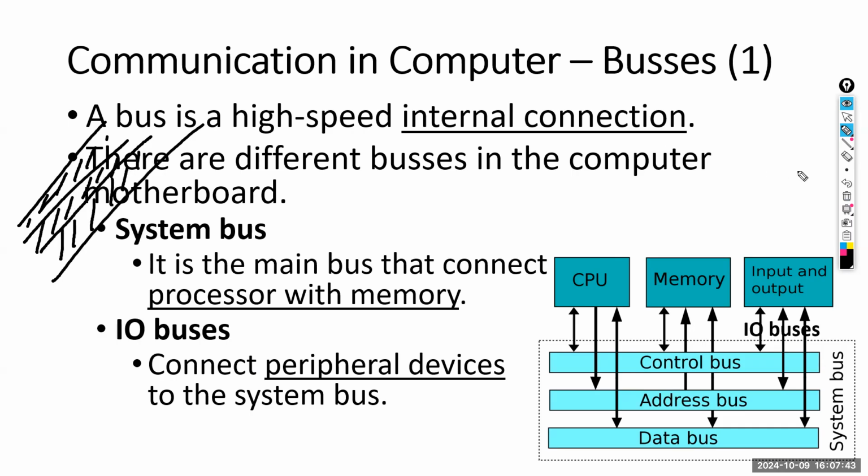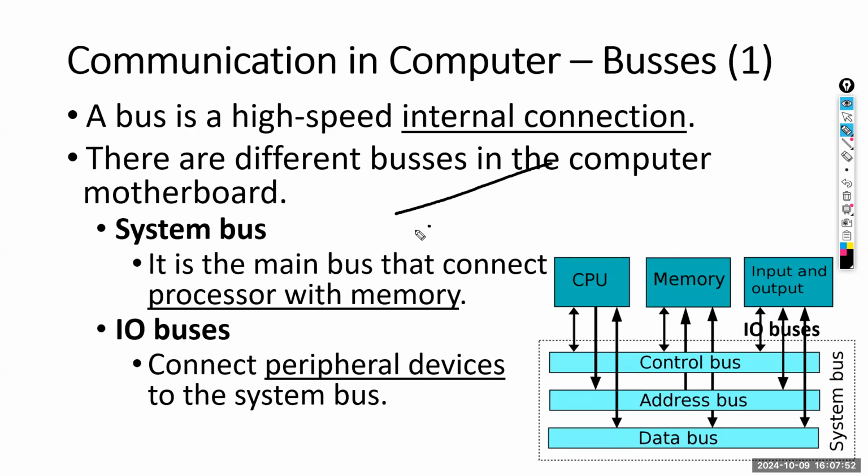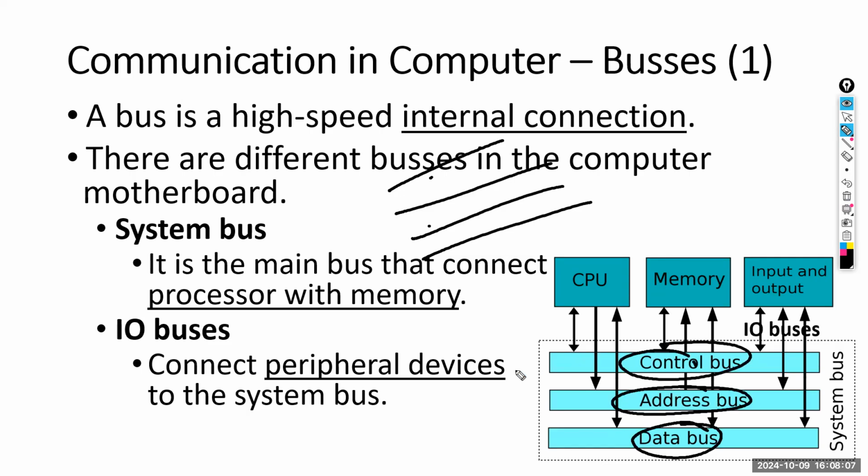Similarly, the main bus, which is between your processor and memory, is called the system bus. And the system bus consists of 3 lanes or 3 sub buses. We call them data bus, address bus, control bus.